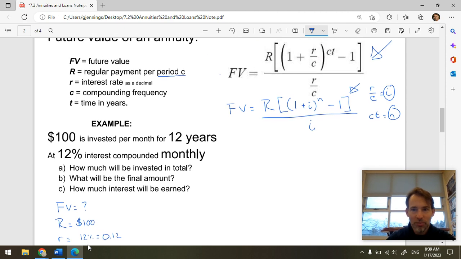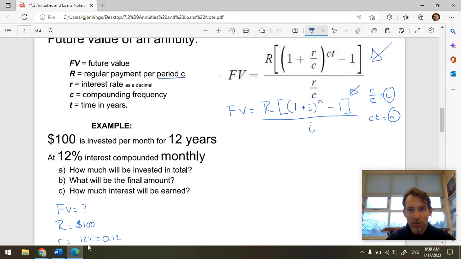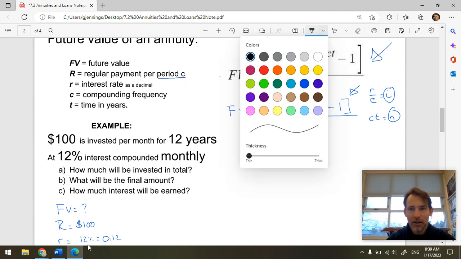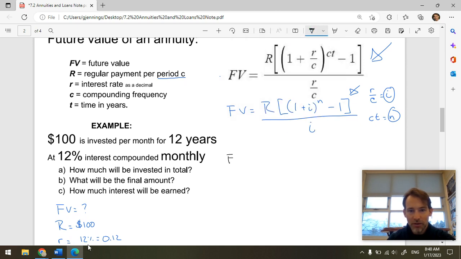I'm going to use this formula up here, which will look like this. We're working in black. Future value is equal to the regular payment multiplied by 1 plus r over C, all raised to the power CT, minus 1 and the bracket, all divided by r over C.